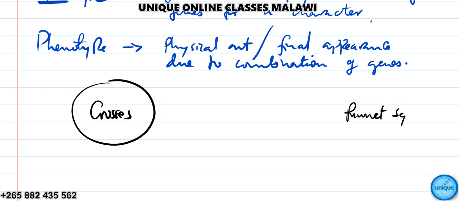So ndigwiritsa ntchito magenes omwe ndinali nawo aja, capital H for tallness and small h for shortness. Ndejo mwende kufuna tekai ndi pure breed uyu ndi pure breed tipange cross.